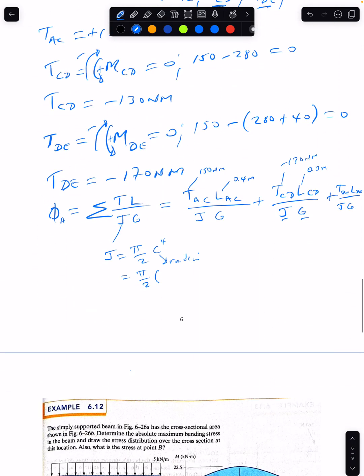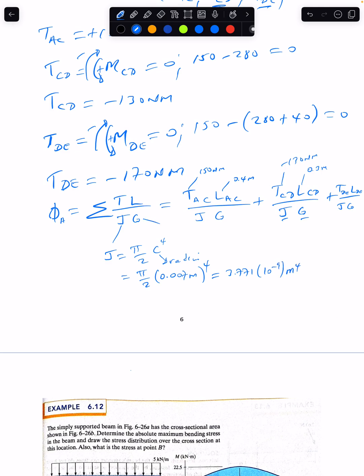So if I convert that to meter, I'm going to have 0.007 meter. And if I raise that to the power 4, I'm going to have 3.771 times 10 to the power minus 9 meter to the power 4.